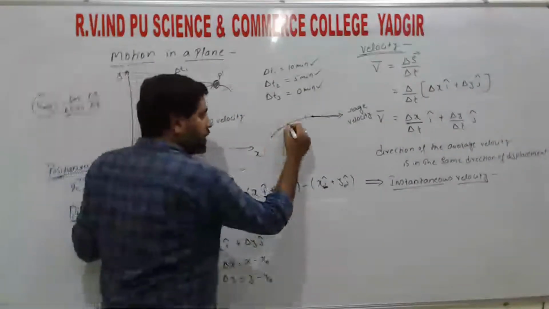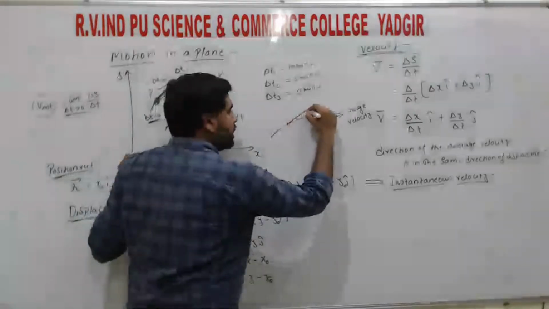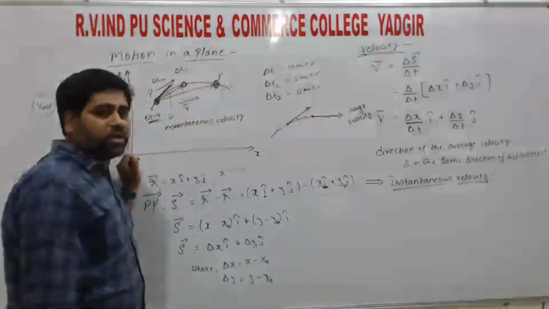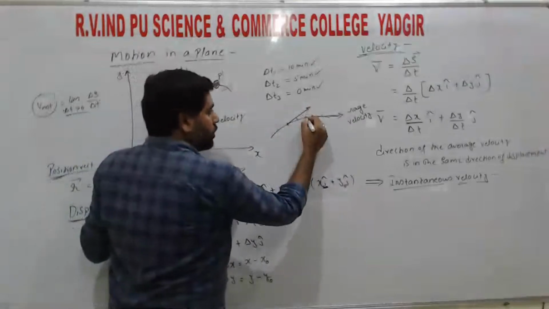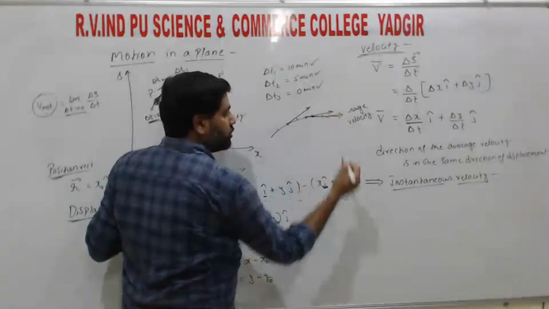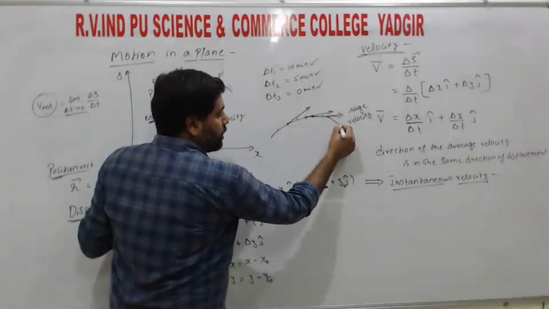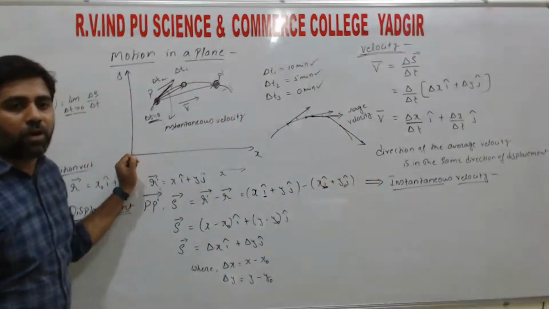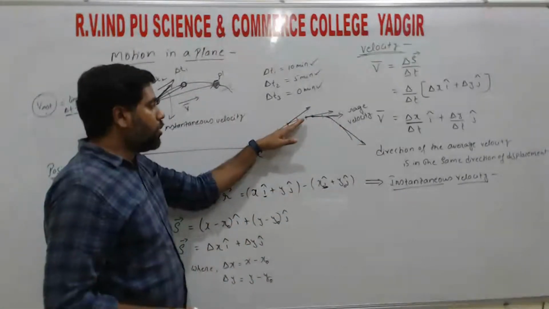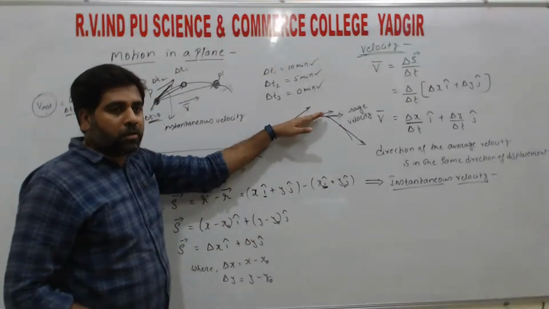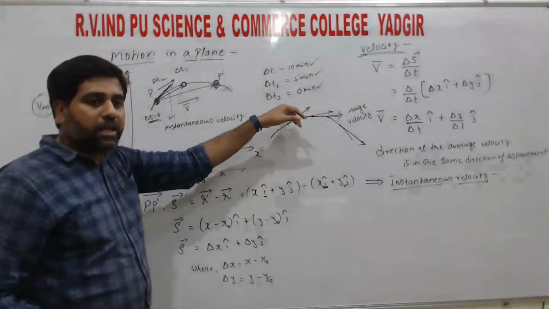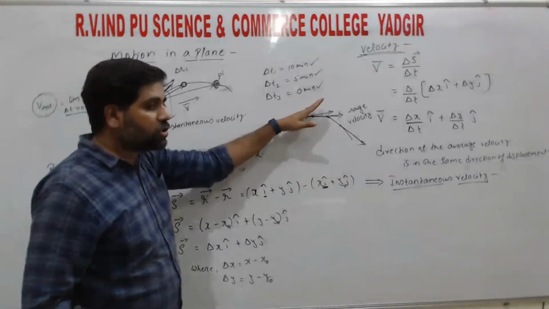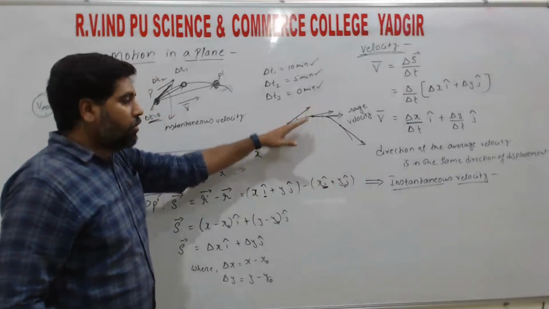Somewhere here also, this gives the direction of the instantaneous velocity. So if we draw a tangent at any point on the path, that gives the direction of the instantaneous velocity, right?